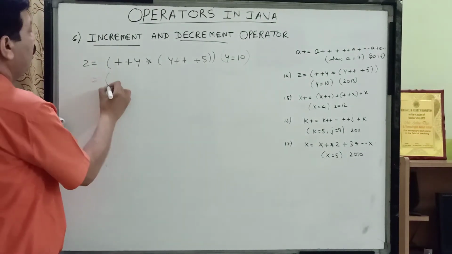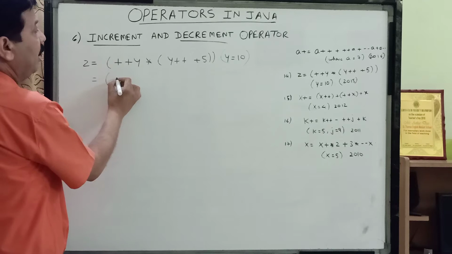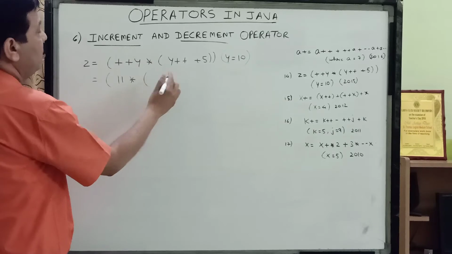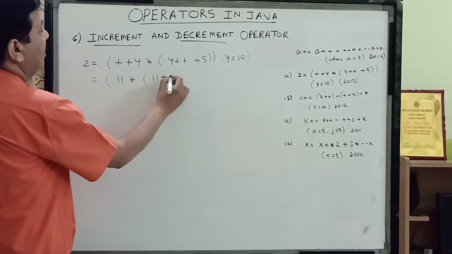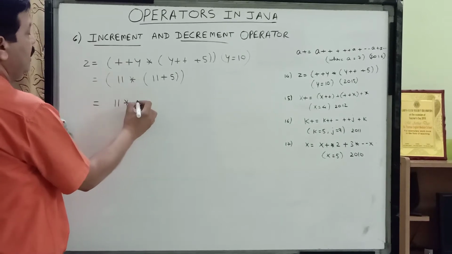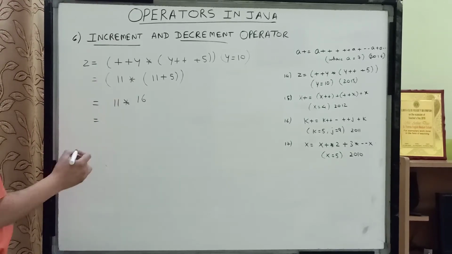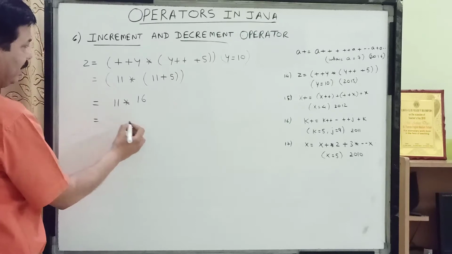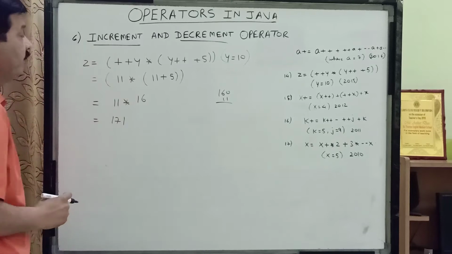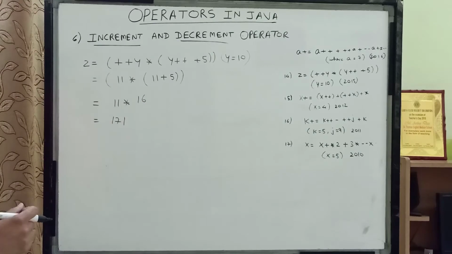First of all, ++y becomes 11, multiplied by, since it is a post-increment, it will be 10 plus 5, and then we'll evaluate it as 11 multiplied by 16. So 11 multiplied by 16 becomes 160 plus 11, 171. This is the answer which we get. This is how we do it, and this is in 2015.